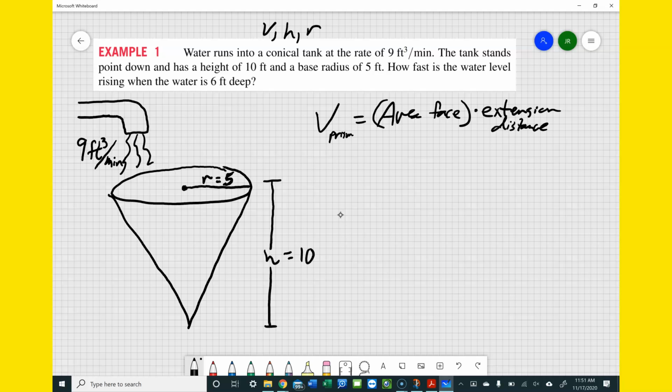So for a triangle, it would be 1/2 base times height times the length that it's extended. For a rectangular prism, it would be length times width times whatever depth it's extended.